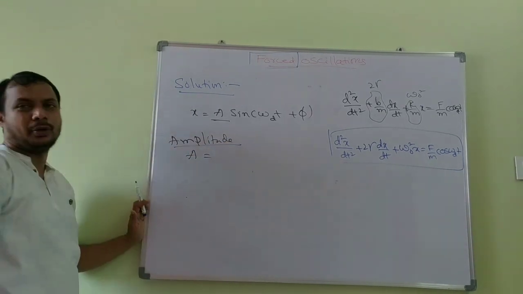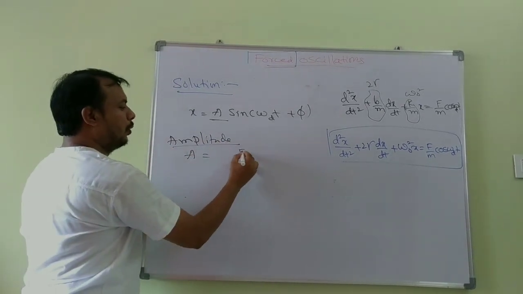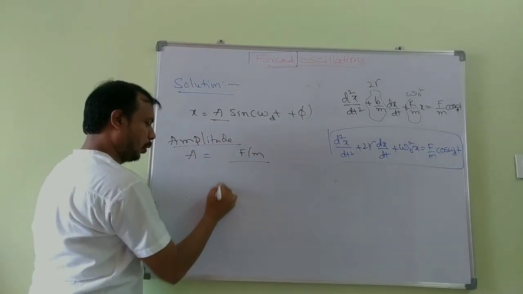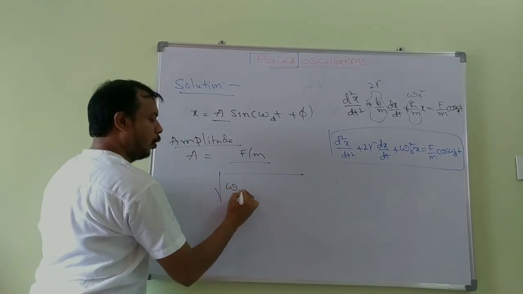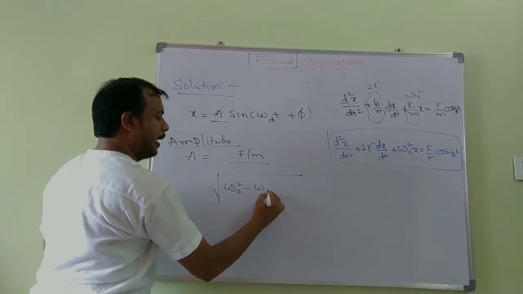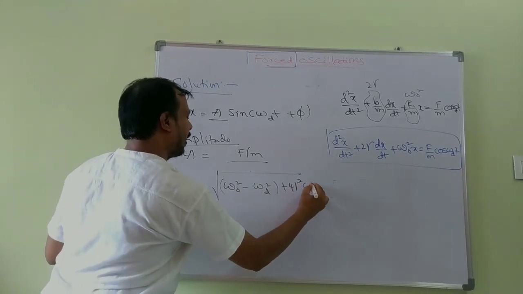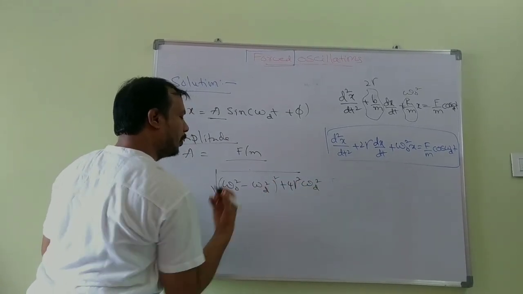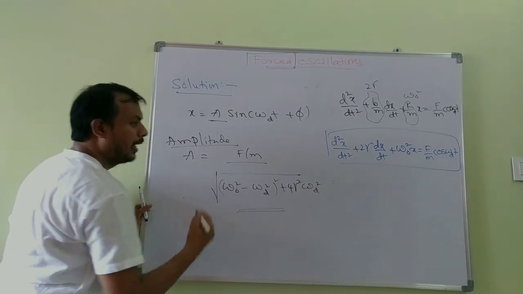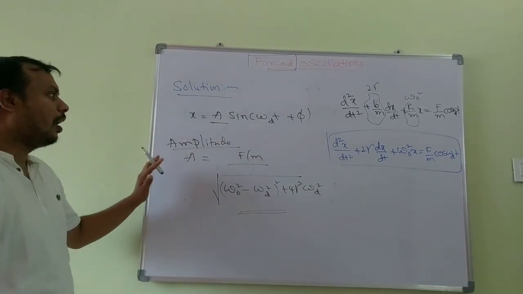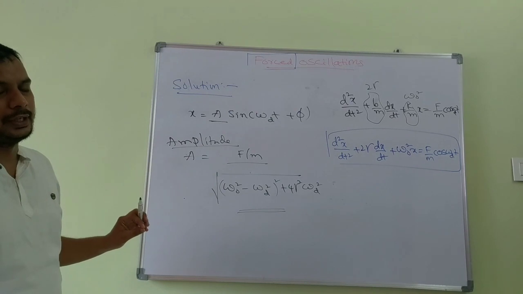What is the resultant amplitude equation? A equals F by m root over omega naught square minus omega d square, whole square, plus 4 gamma square omega d square. So this is the resultant amplitude in the case of forced oscillations.